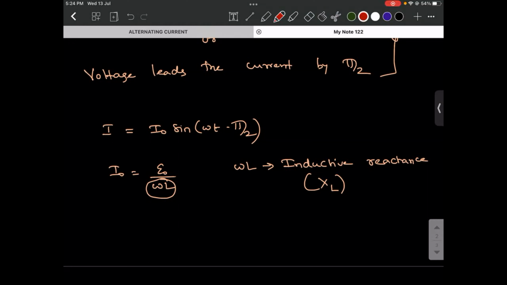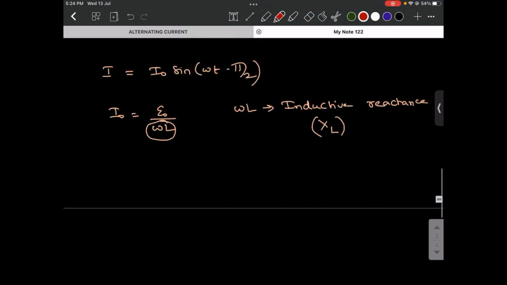Is that clear? You can write XL is equal to 2 pi f into L, because omega is 2 pi f.